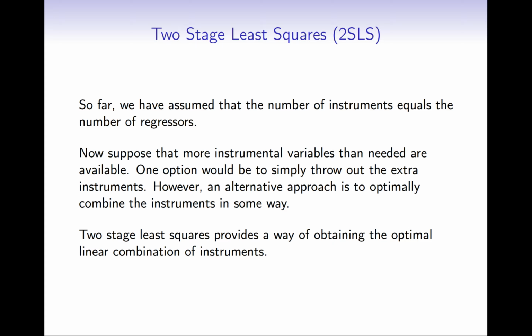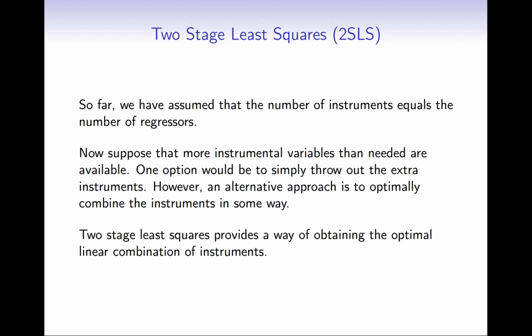Suppose you have more than you need. Well, one option would be to just throw out some of them. You don't need them all, and that's definitely something you could do. But an alternative approach is to use all the instruments and to combine them in some optimal way. And that's what two-stage least squares does. It basically combines the instruments in an optimal way.